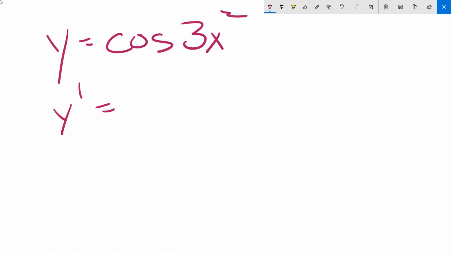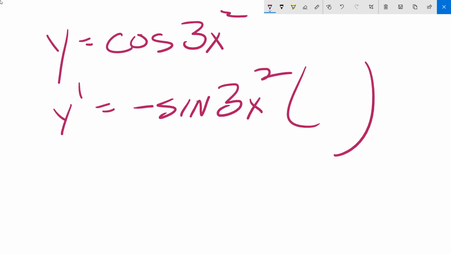The inside is 3x squared. So what's the derivative of the outside? The derivative of the outside is negative sine of 3x squared times 6x. Good. So that is negative 6x sine 3x squared.